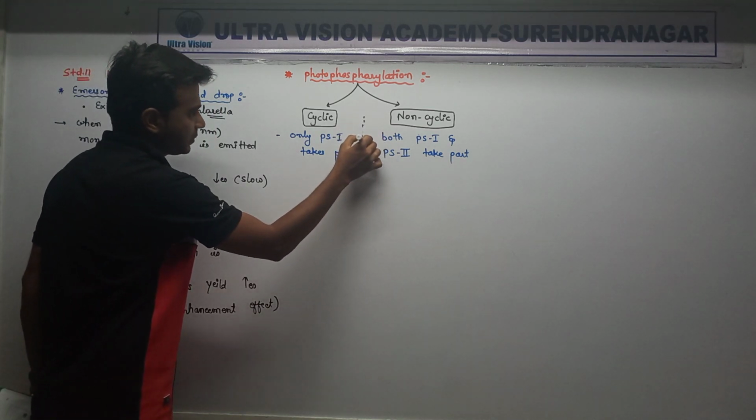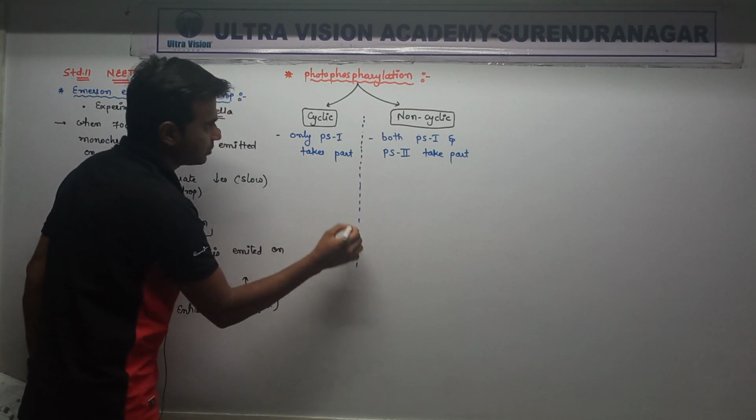So in cyclic photophosphorylation, you know that PS2 is not used.